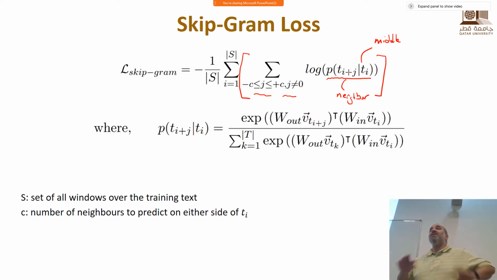Now, the best I can do is that the probability to get this word given this input word is 1, right? That's the perfect case. If the network is perfect, given Ti, it will give me Ti plus j with probability 1. In that case, log 1 is 0.